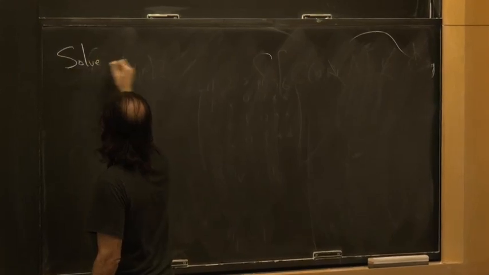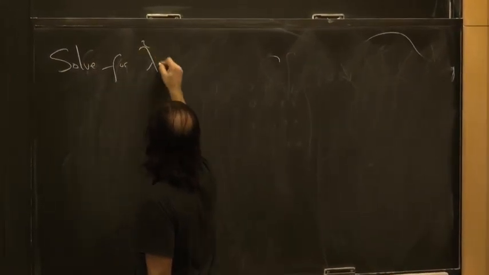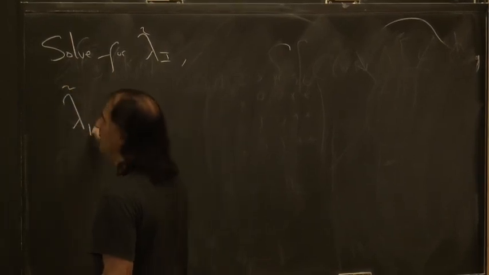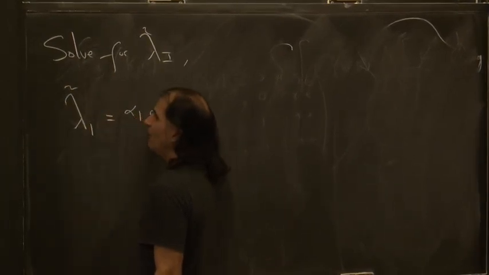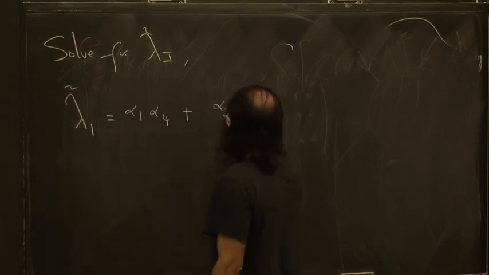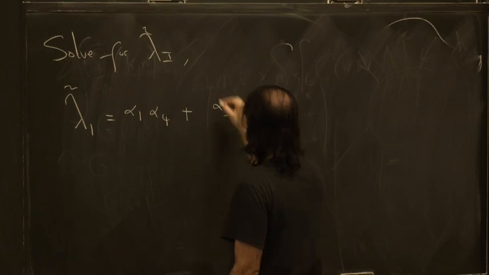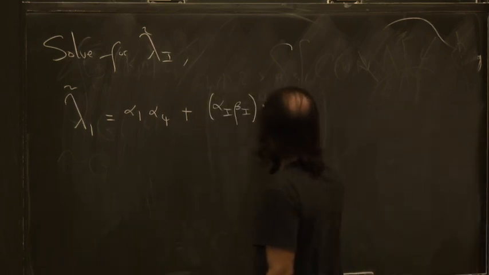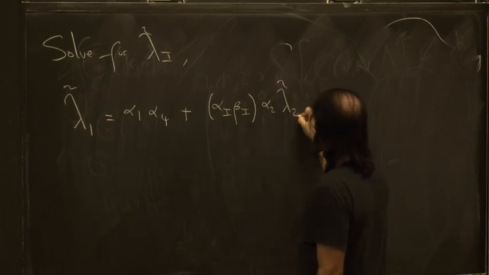I'm left with the relations: lambda tilde 1 is equal to alpha 1 alpha 4 plus alpha I beta I in this nice combination together times alpha 2 lambda tilde 2.